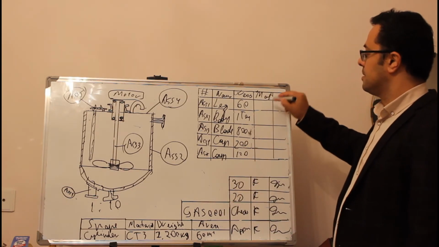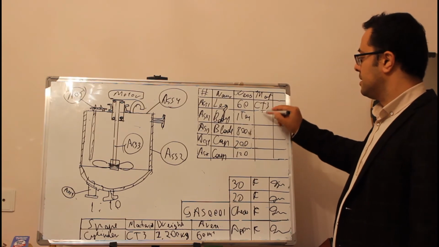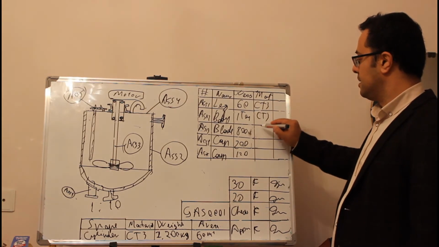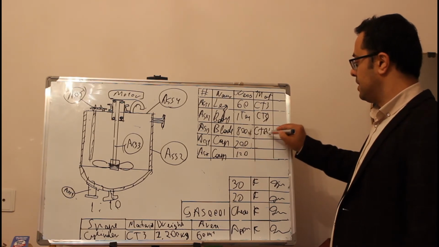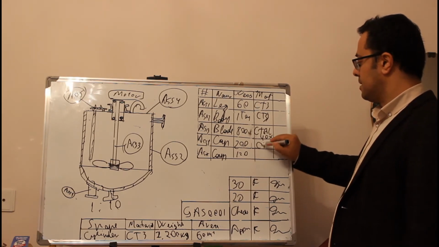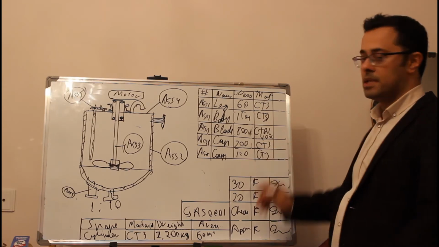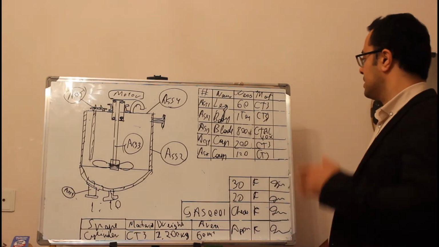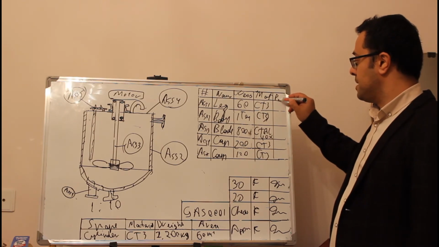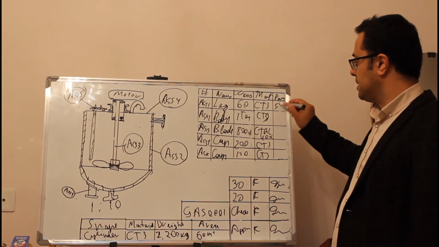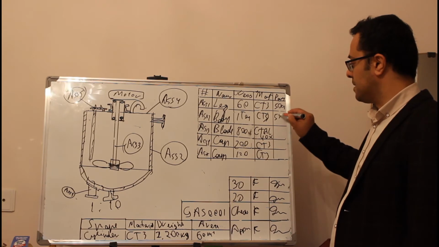Material: style 3, this one is style 40x, style 3, so blades are style 40x. And the last one, maybe the paint, everything is GAL 5001.